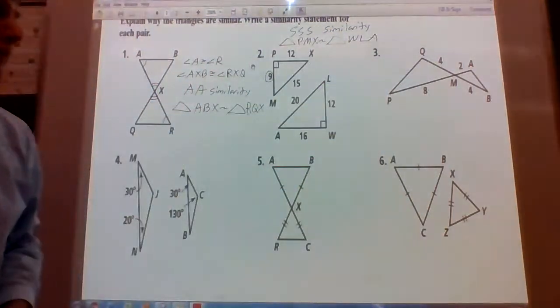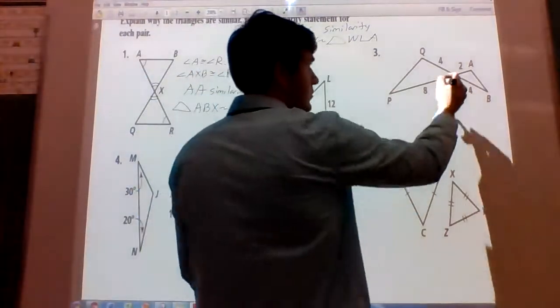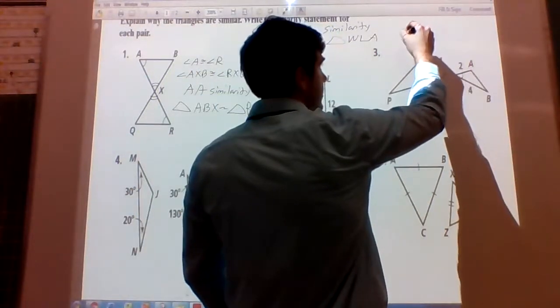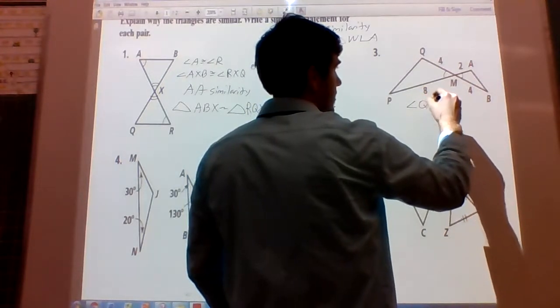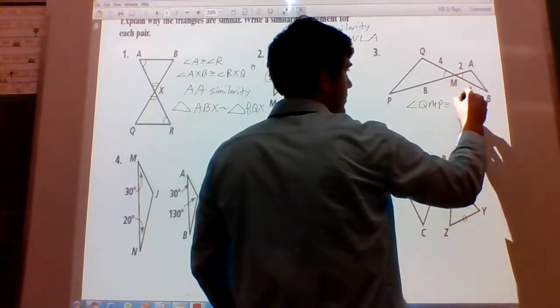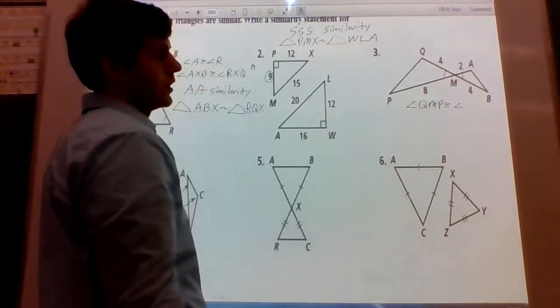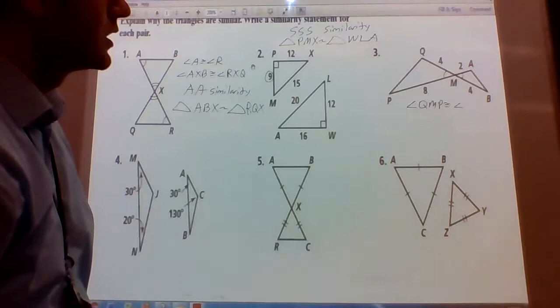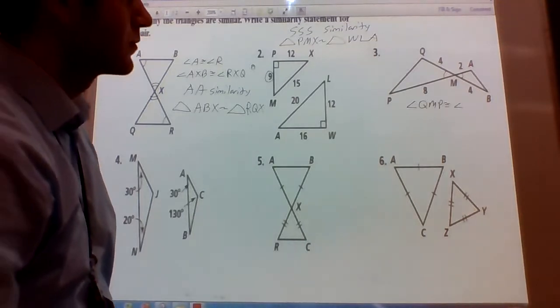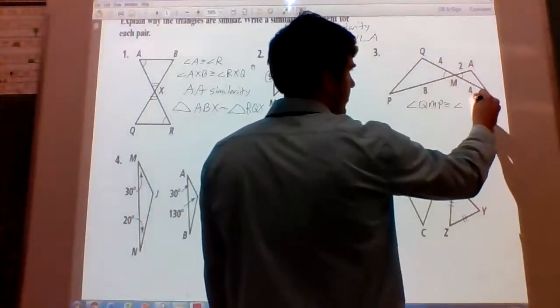Okay. Number 3, we have vertical angles. So we know that angle QMP is congruent to angle, what's it look like here? AMB.